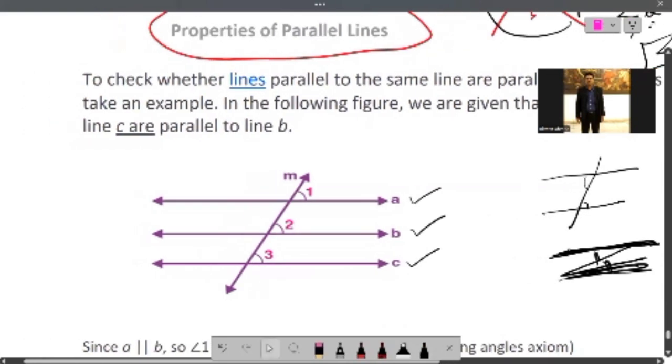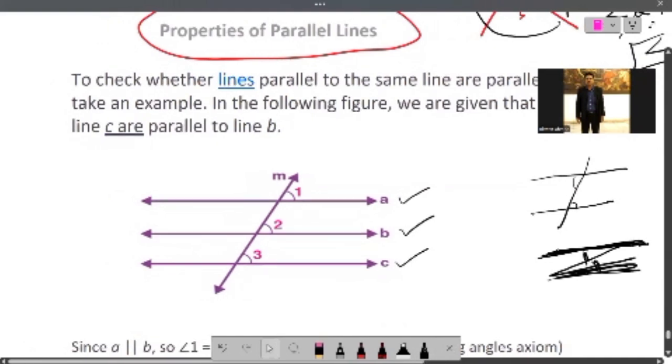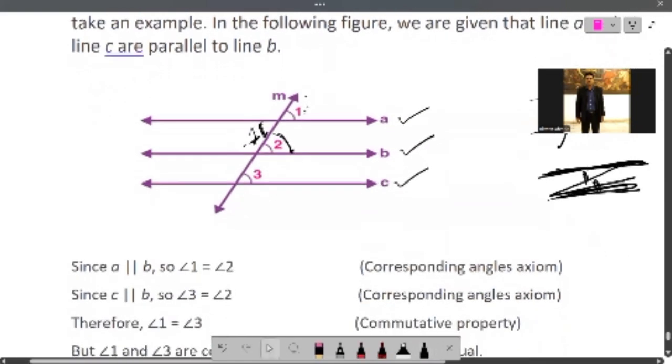If we look at lines A and B, this angle and this angle are the same. That is the alternate angle of two lines. If it is angle 1, this one is also angle 1. So angle 1 is always equal to angle 2 because the two lines are parallel to each other.